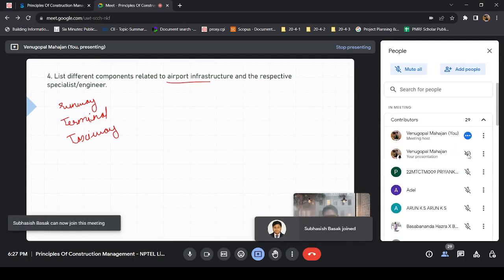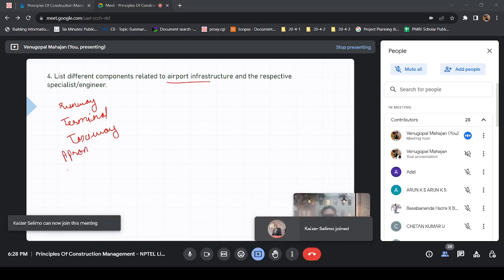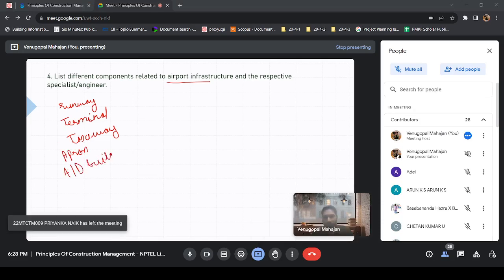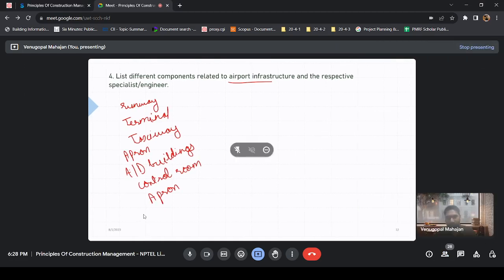Infrastructure, buildings. Hangar. Control room. Buildings, control room. Apron, hangar.